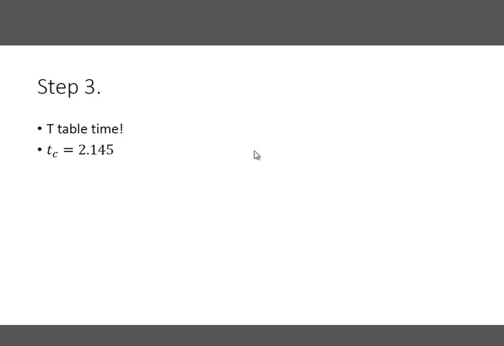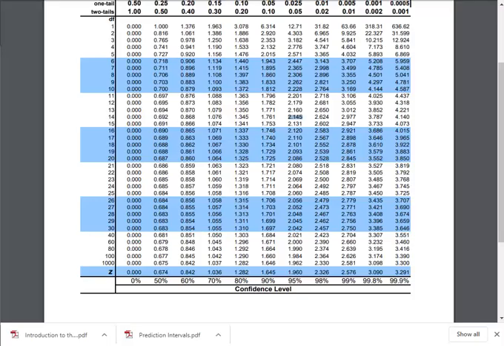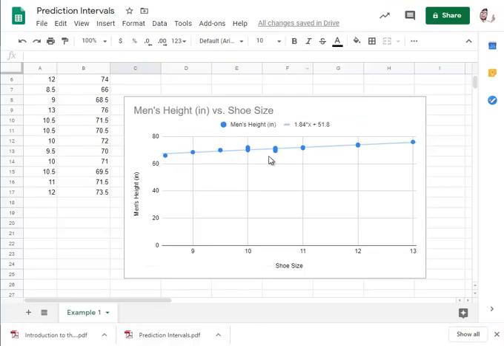Now, step 4, on the other hand, this is when things get a little tricky, but I promise not too bad. So let me break it down. This is what is known as the standard error. Standard error is trying to find the standard deviation of the distances from the points to the line themselves.